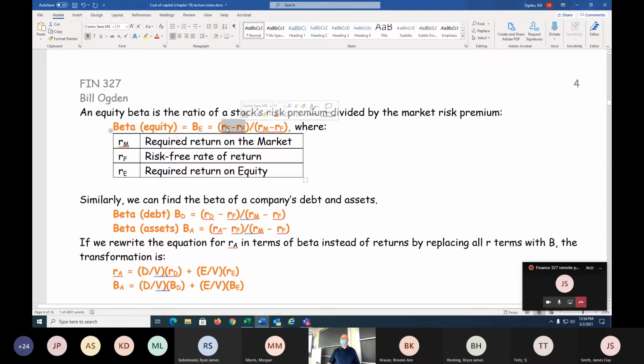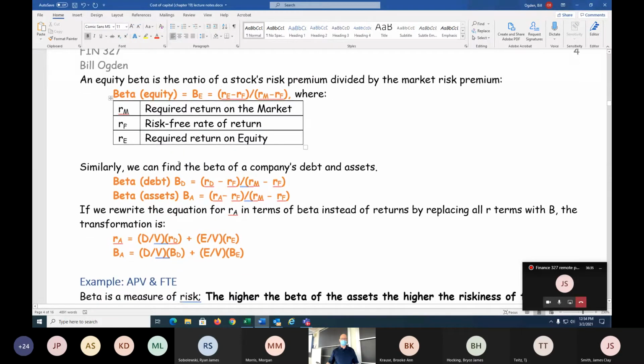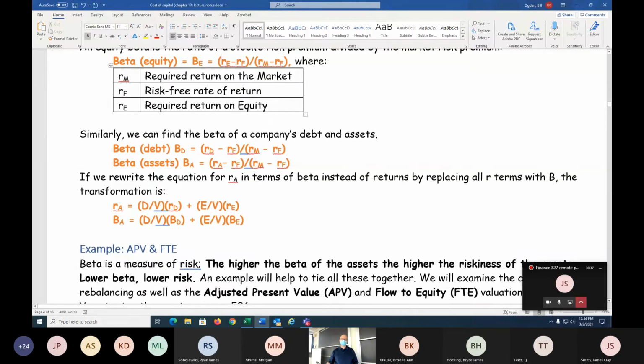Now we can construct this for any value. Give me the required return on any type of security minus the risk-free, divided by RM minus RF. You have its beta, don't you? So let's come down here. How about your debt? One of the early assumptions that people made at one time was to assume that all debt was risk-free to keep things simple.